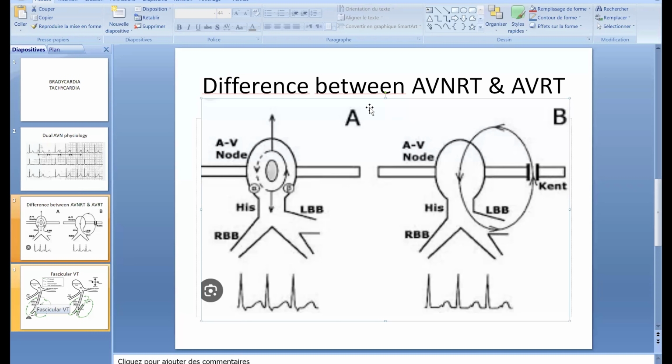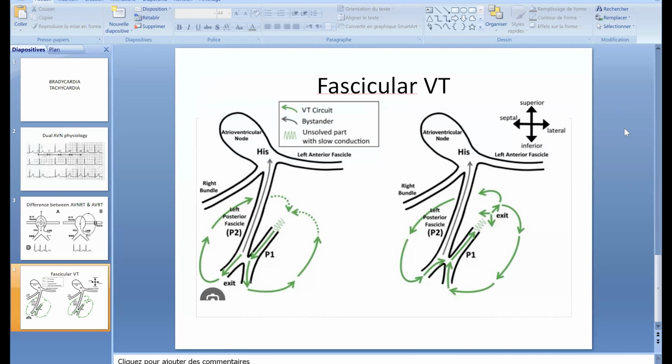The last question was about fascicular VT. Fascicular VT is a kind of VT that is very typical and very characteristic.